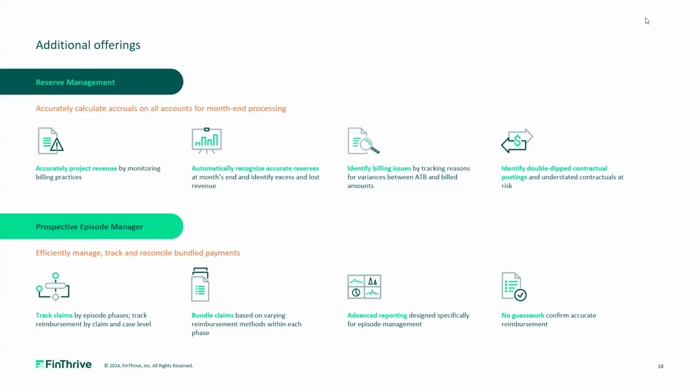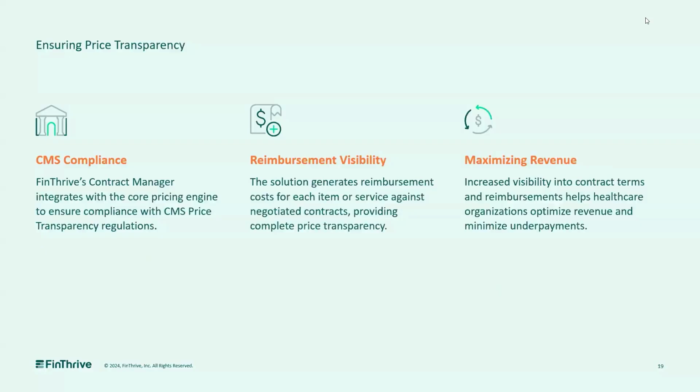So how do you track a transplant from a pre-transplant to a transplant to a post, or a certain bundle? So all that is different offerings. And then, the price transparency from CMS compliance, reimbursement visibility, and how to maximize revenue. So that is very key from that component to create that machine readable file.